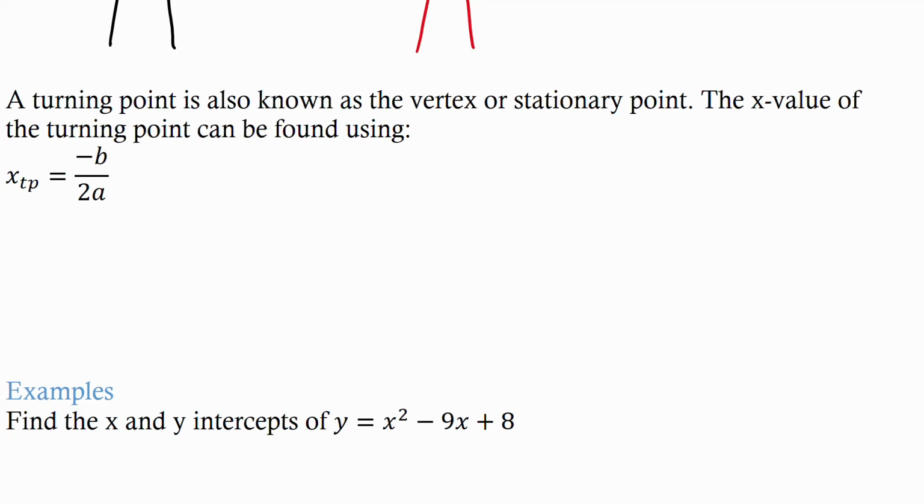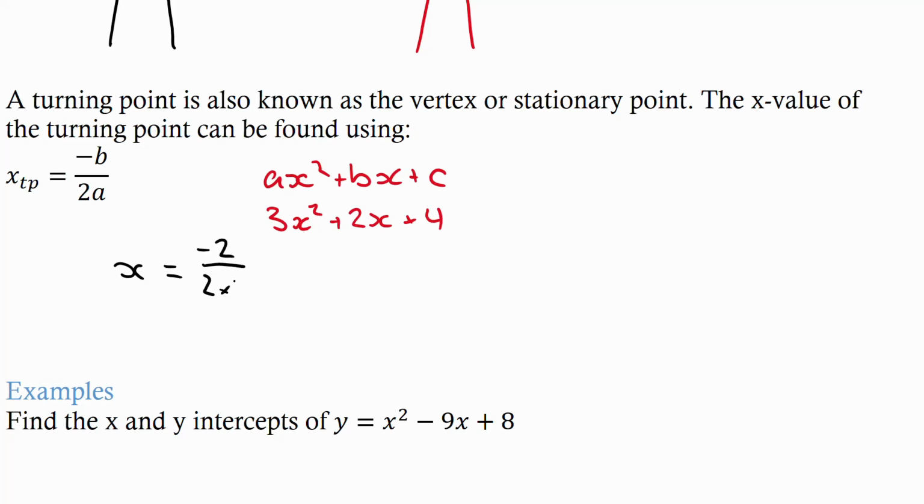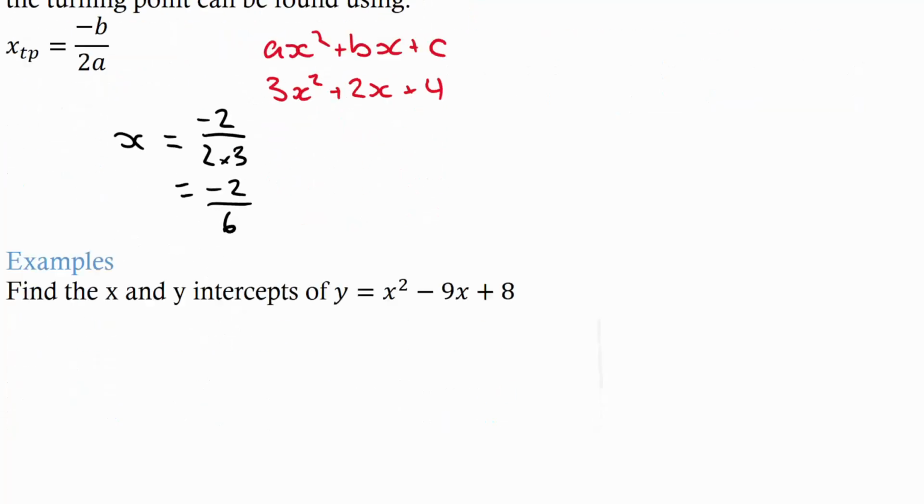If I had something in the form of ax squared plus bx plus c, let's say 3x squared plus 2x plus 4, we would substitute in our values. So our turning point would be at -2 over 2 times 3, so -2 over 6. That would be the x value of where the turning point is. If you wanted to find the y value for this, you would then substitute this into the original equation to get your y value.